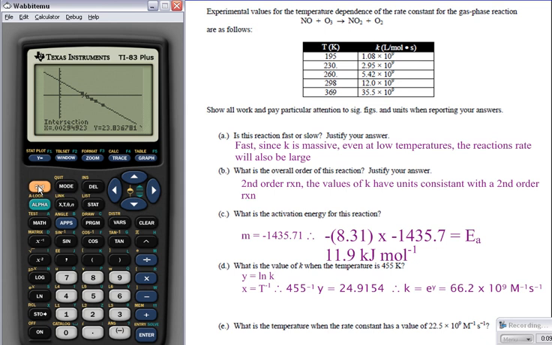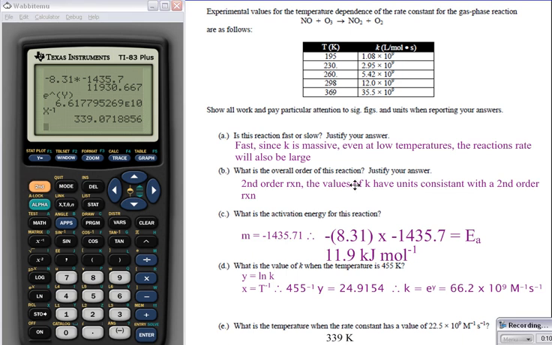So to get the actual temperature value, we can do x to the minus 1, because the reciprocal of the reciprocal is the original. So it's 339.1, so let's call it 339.